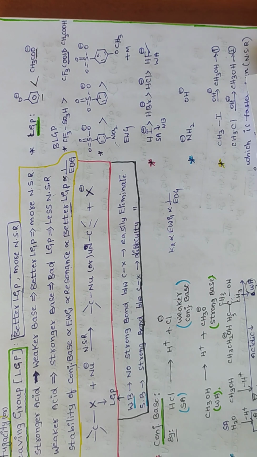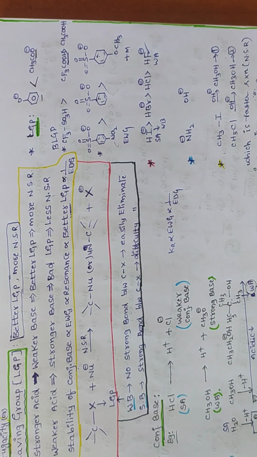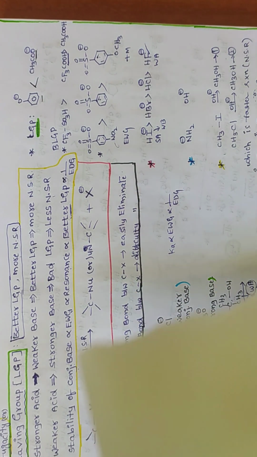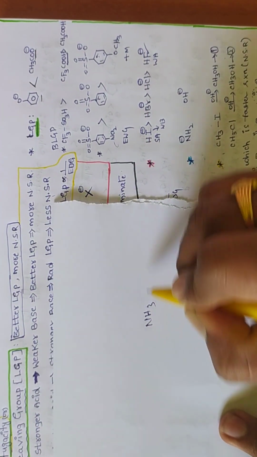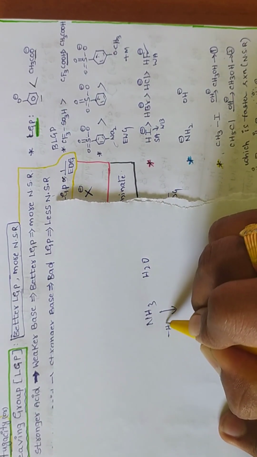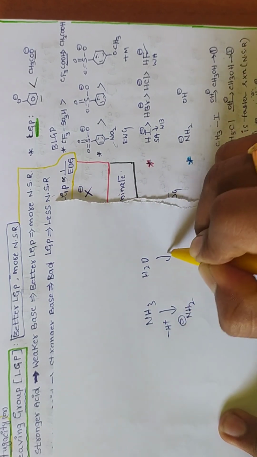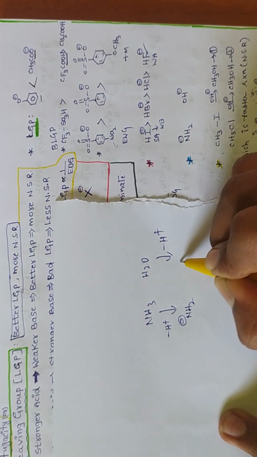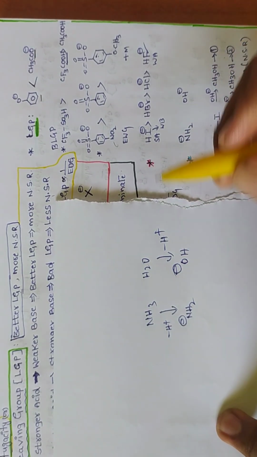Next, NH2 minus and OH minus, which is the better leaving group? Now NH3 is given. What is its conjugate base after releasing the H plus ion? This is NH2 minus. After releasing the H plus ion, this forms OH minus. Now among these two, which one is the strong acid?